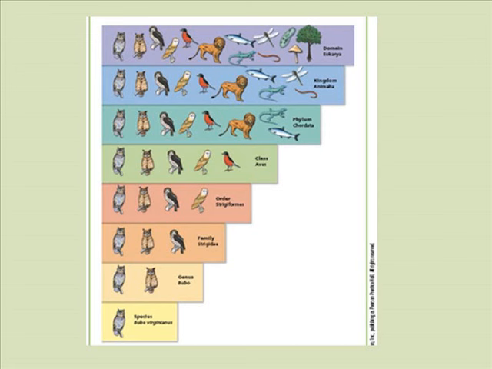So when we look at the pictures there, all of the animals that are left in that teal colored block are going to be animals that do have a backbone. If we drop down to class, it's class Aves. Aves is a word that means bird, so now we have just the birds. If we drop down one more, we get order Strigiformes.